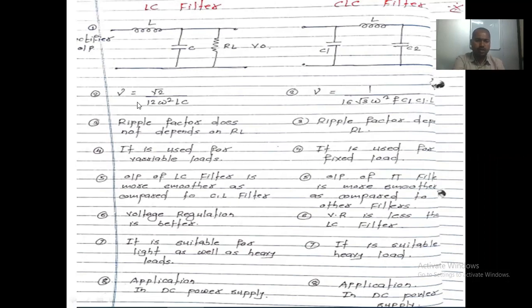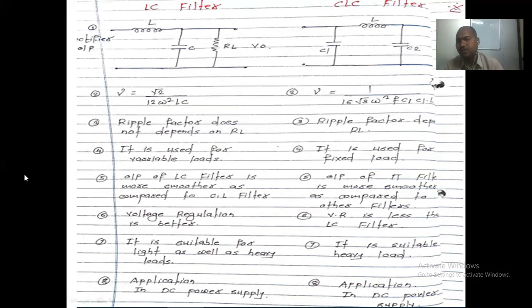Now we have to look at things with respect to the formula as well as the diagram. When we look at the application of this type of filter in day-to-day life, in industry, when we design any type of filter, this is the work of an electrical engineer, because in industry there are many needs for DC.